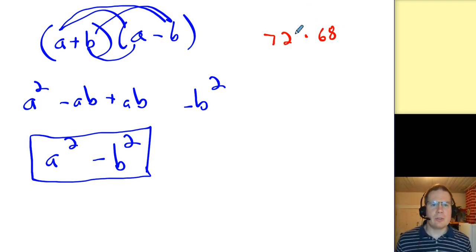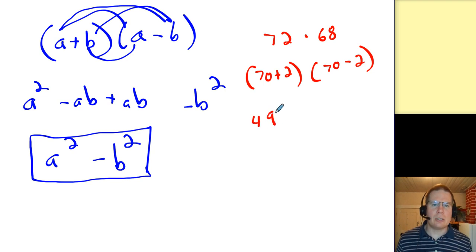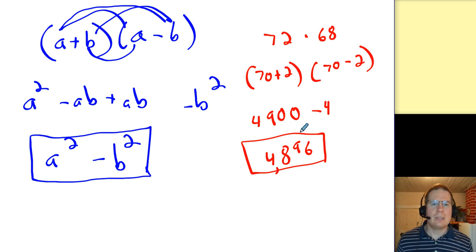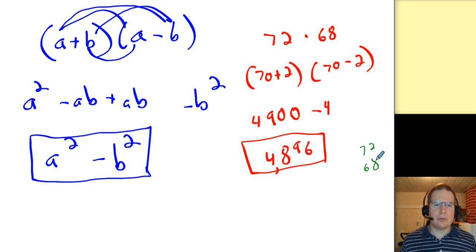But we can recognize 72 is 70 plus 2, and 68 is 70 minus 2. 70 times 70, 7 times 7 is 49, times 10 times 10. 2 times 2 is 4. So we get 4,896. Not quite in my head. I had to write some things down. But the arithmetic I was doing in my head, that's still a lot faster than 72 times 68.